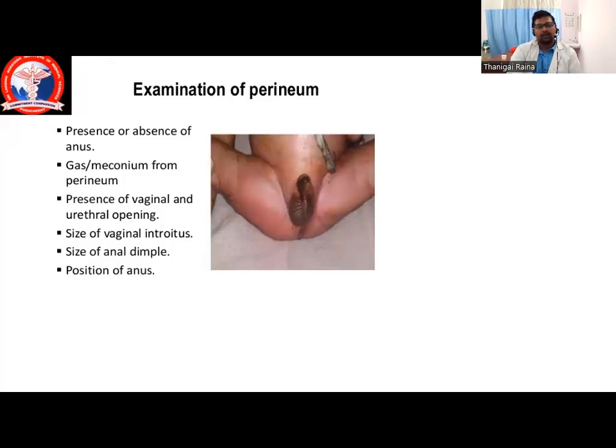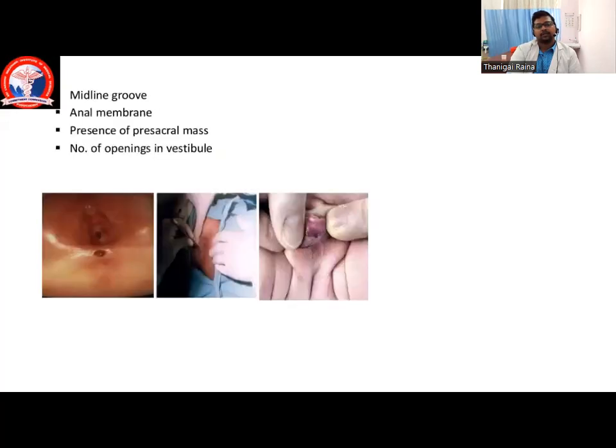You should look for gas or meconium from the perineum, presence of vaginal and urethral opening, size of the vaginal introitus, size of the anal dimple, and position of the anus. So these are the things, as a pediatrician or general surgeon, you should look for in a suspected case of anorectal malformation. Midline groove, anal membrane, the presence of presacral mass, and number of openings in the vestibule.